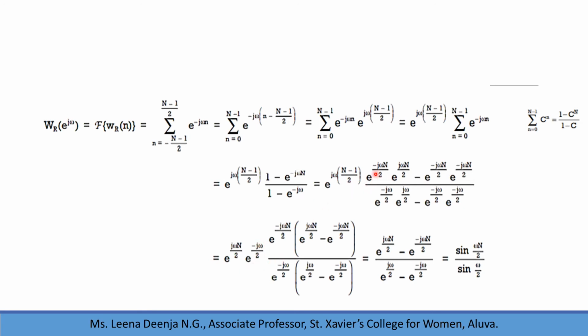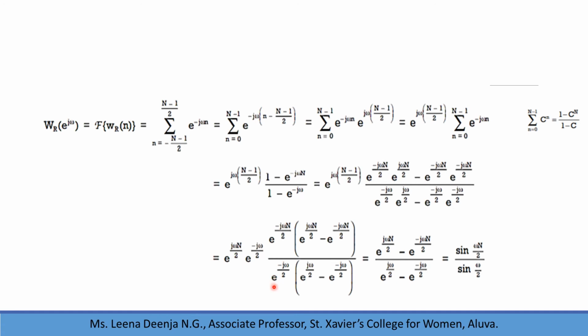Then e raised to minus j omega N by 2 is common in this expression. So it is e raised to minus j omega N by 2 into (e raised to j omega N by 2 minus e raised to minus j omega N by 2), divided by, here also e raised to minus j omega by 2 is common, so it is e raised to minus j omega by 2 into (e raised to j omega by 2 minus e raised to minus j omega by 2).